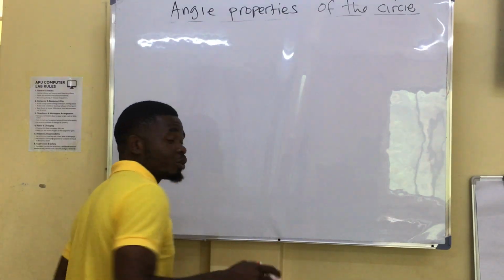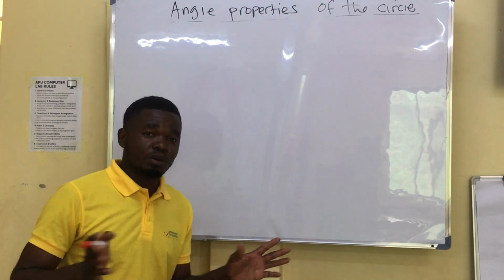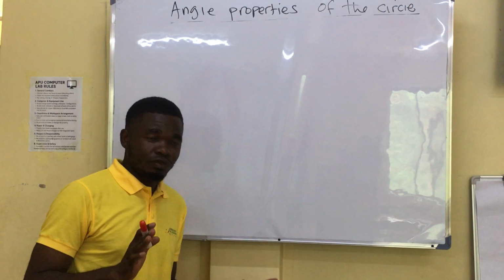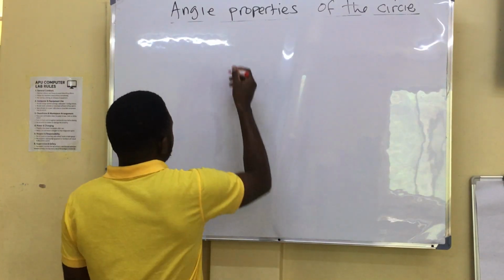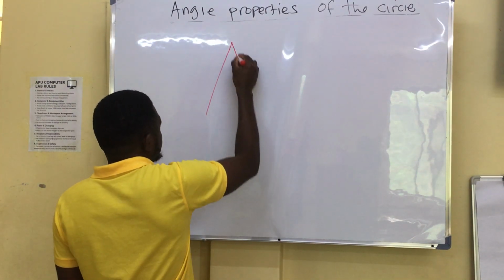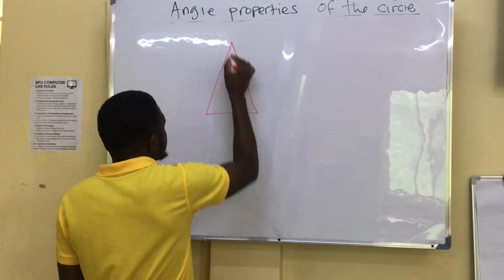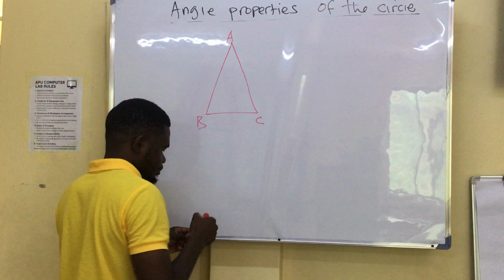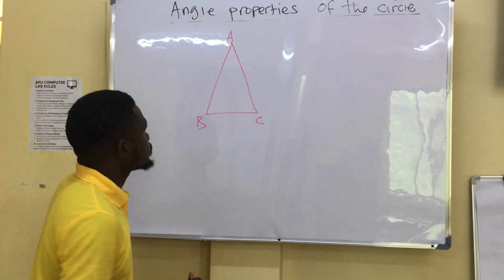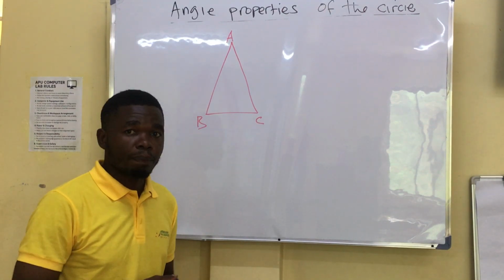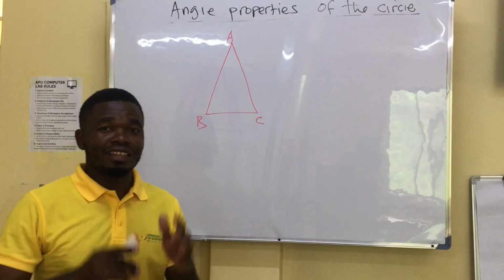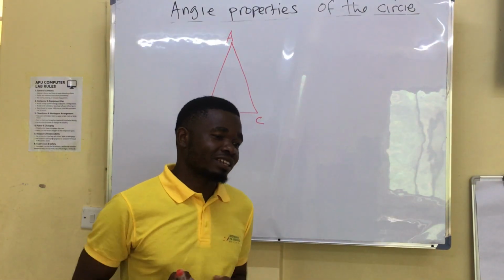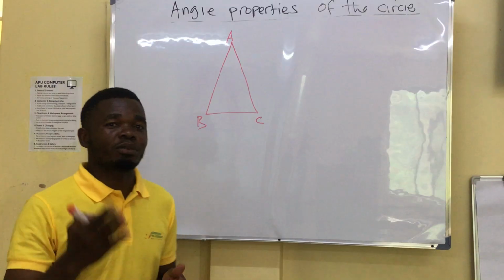Let me draw a triangle. Just a triangle, I will not be specific. Let's label it ABC. Remember, a triangle is a three-sided figure connected with straight lines, with three sides and three angles.